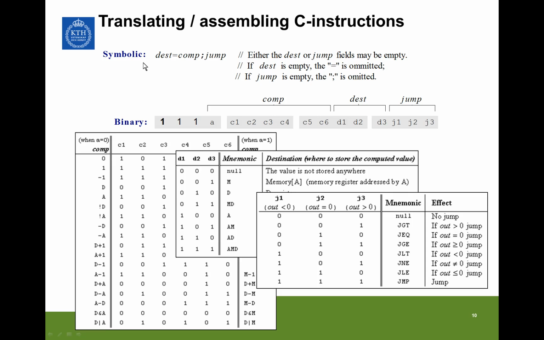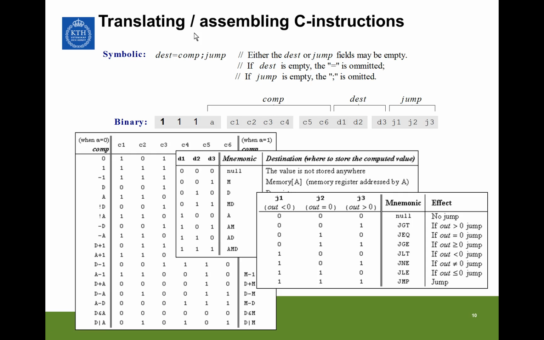The symbolic representation of a C instruction, that is the assembly instruction, has the form of a destination equal to the result of a computation, and then we might have a jump condition. From this instruction, the destination field and the jump field may be empty.